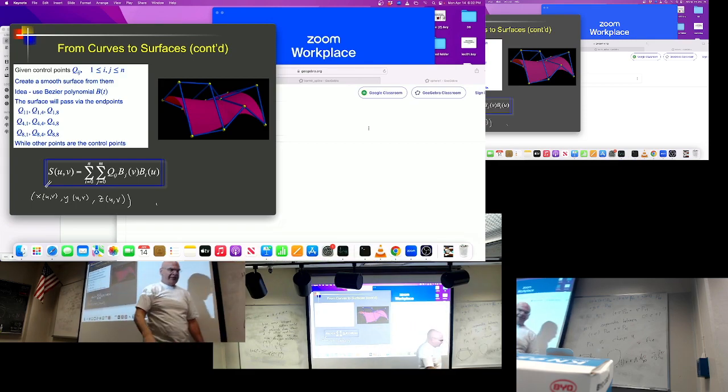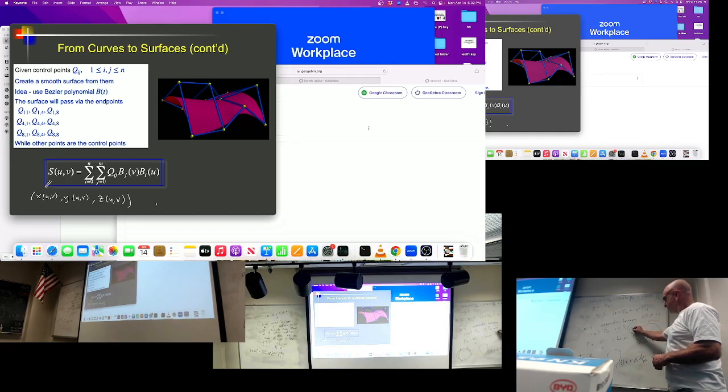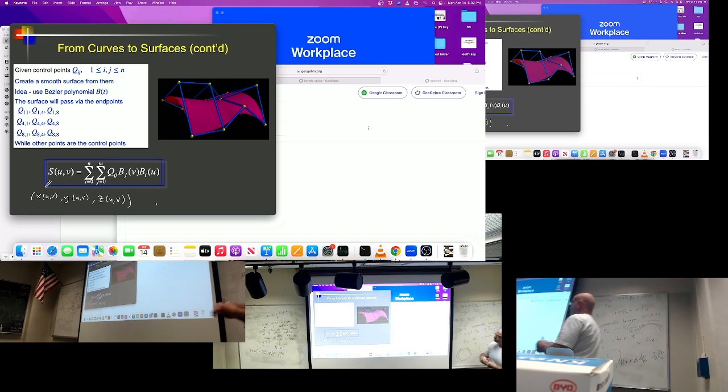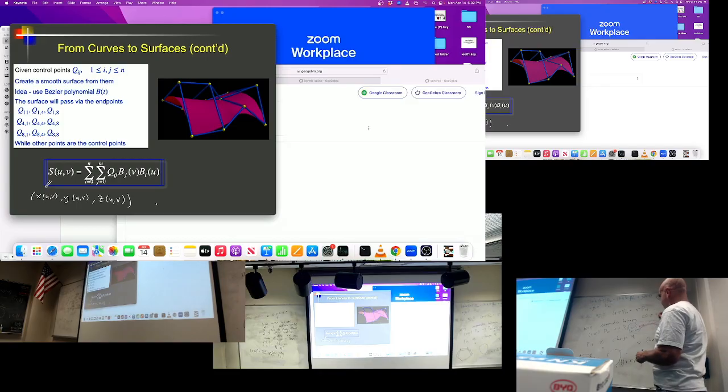So for U equals 0, you will create this one curve, and for U equals 0.1, you'll create some other curve, slightly deeper, U equals 0.2, another curve more in this direction, and so on until you get a curve at U equals 1 all the way there.